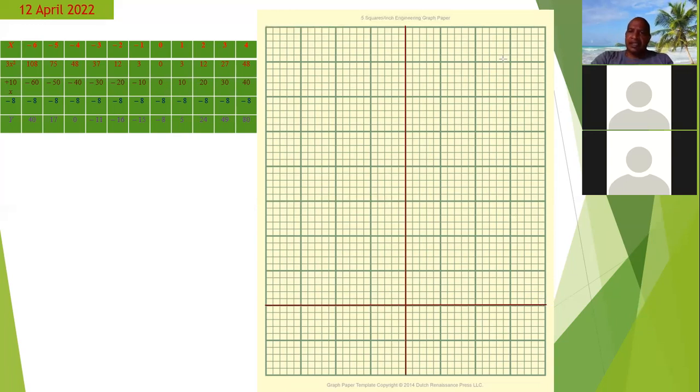All right, so let us see now if we are able to put in these values. On the y-axis, we're going by 10.